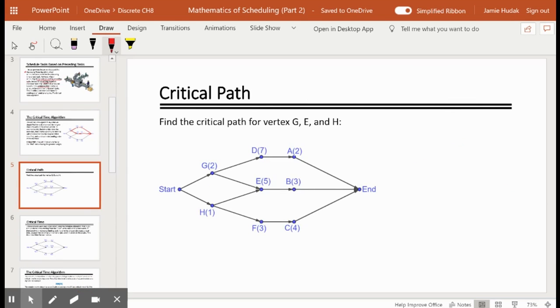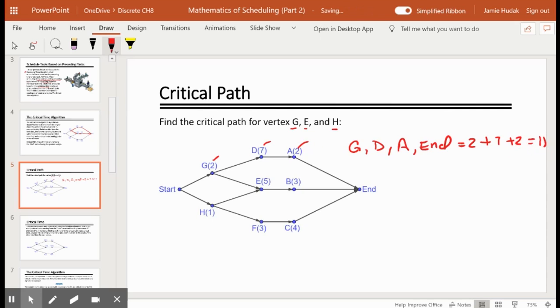So we're going to find the critical path for G, E, and H. If we look at G, we can go the path from G to D to A to the end vertex. If we add up all of the numbers there, G has a time of 2, D has a time of 7, A has a time of 2.